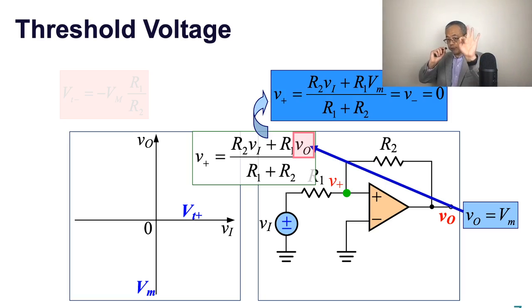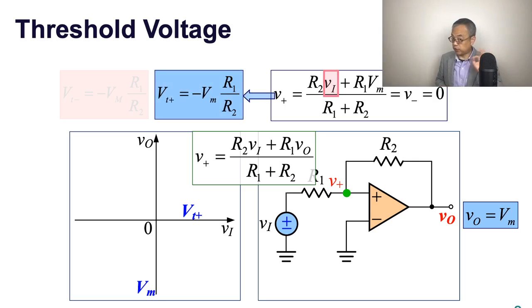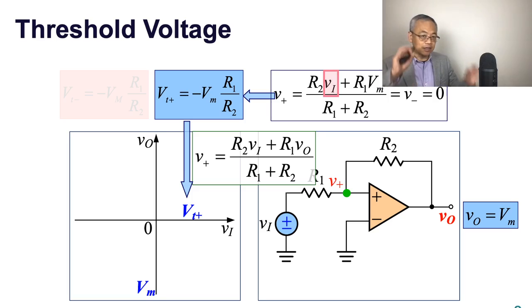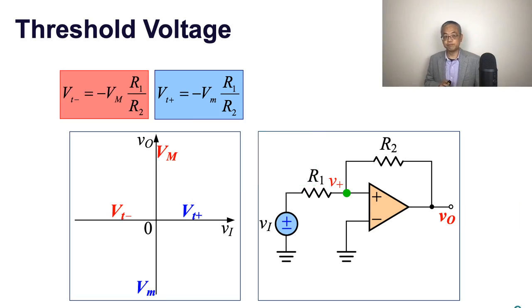When you replace VO by the blue saturation voltage, the corresponding VI will tell you the second threshold voltage, which is the blue threshold voltage, and it's a positive value. It's a positive value. I know it's a little bit confusing. So now you see the two threshold voltages.